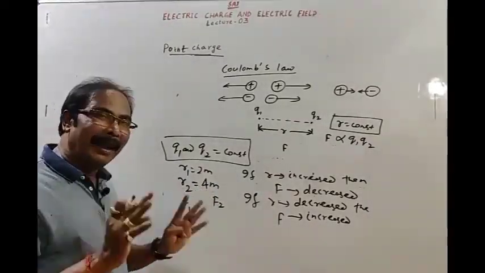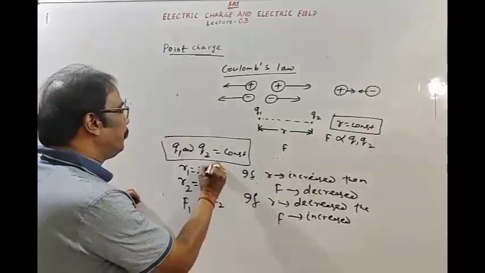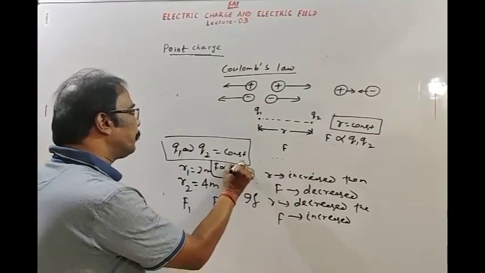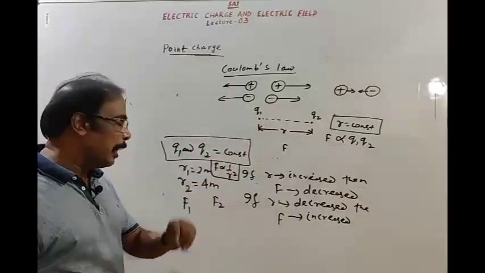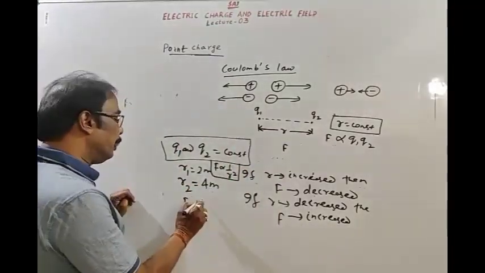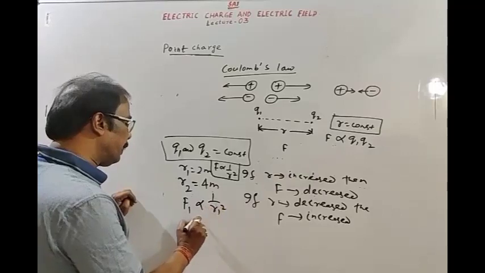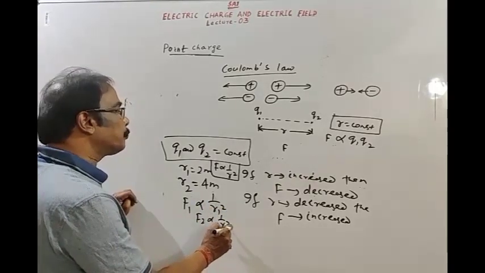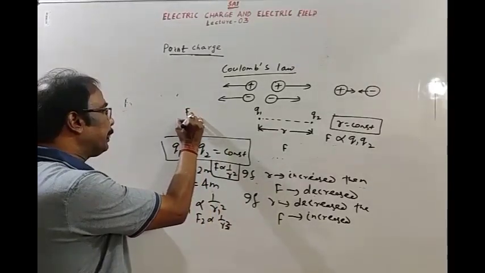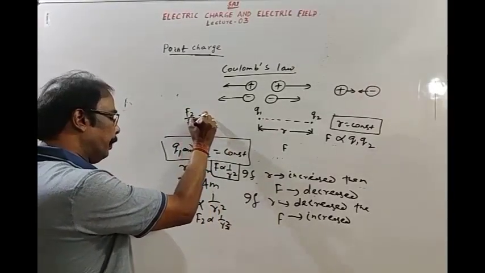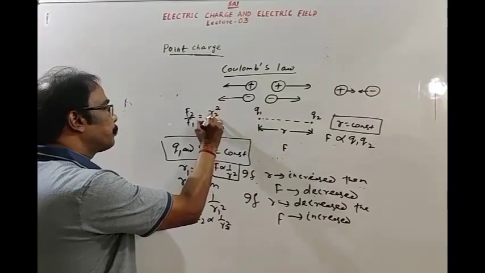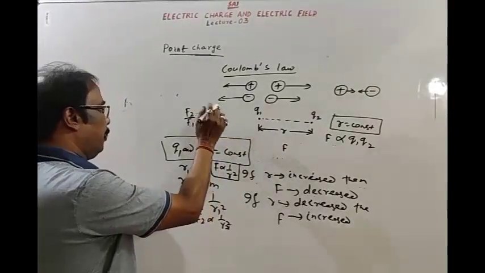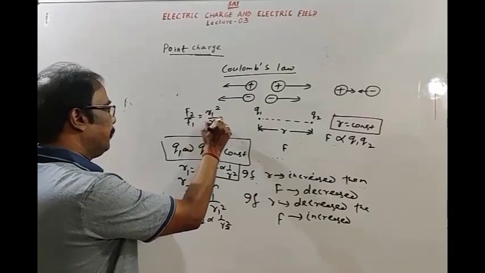How? Force becomes 1/4 if distance is doubled. Then we can relate that force is inversely proportional to the square of the distance between the charges. In the first case, F1 is inversely proportional to R1 square. In the second case, F2 is inversely proportional to R2 square. If we take the ratio of F2 to F1, it will be R1 square divided by R2 square.